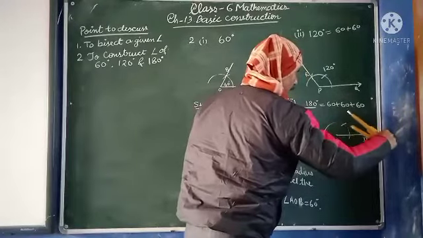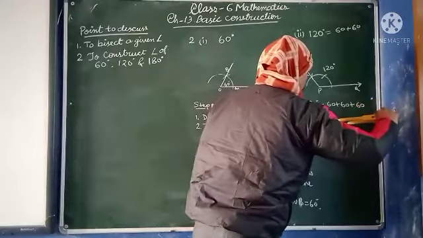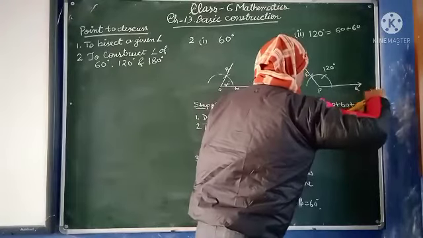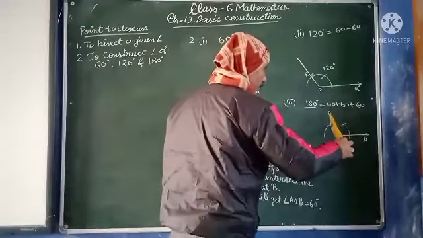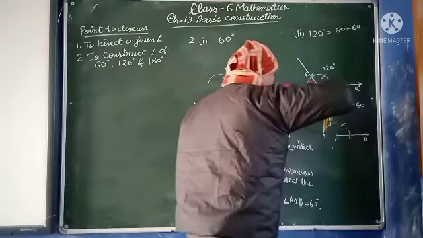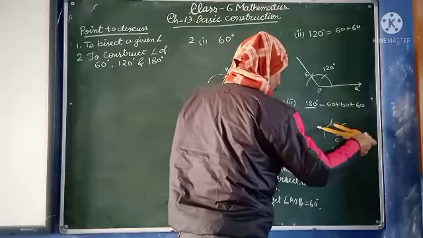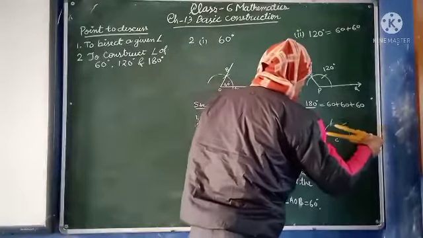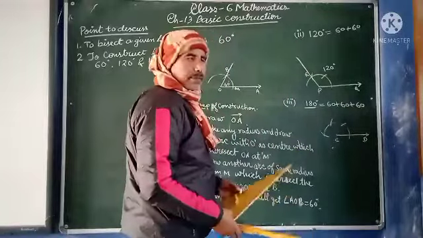This is the 60 degree. Again from 60 you will draw, so you will get another 60. Then 60 plus 60 is 120, and then again from the 120 you will draw another, and you will get 180.